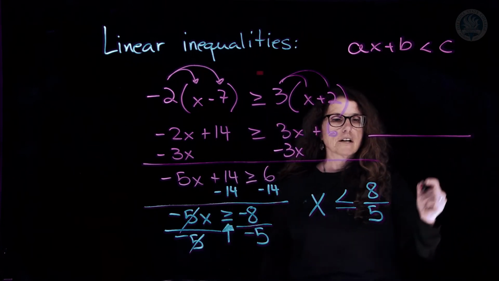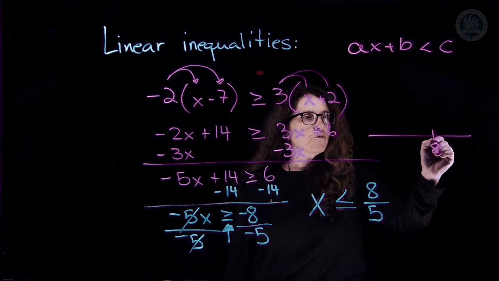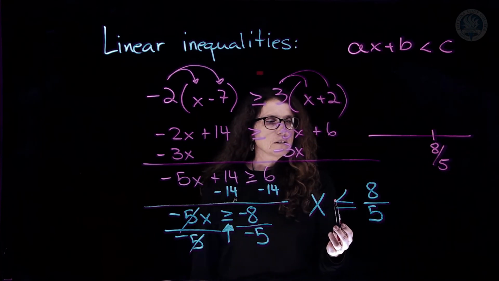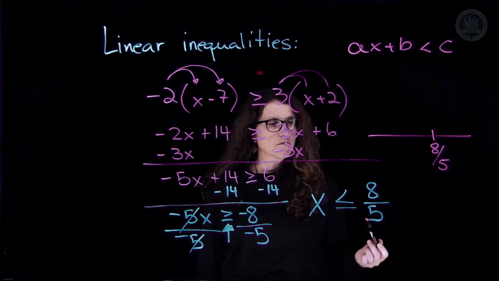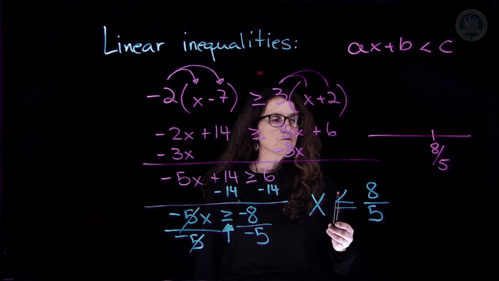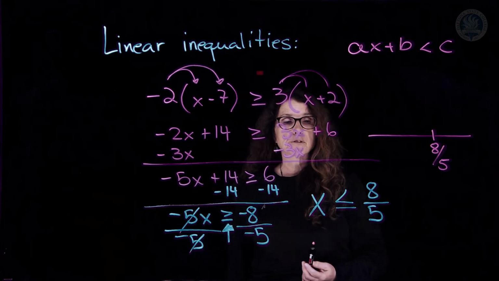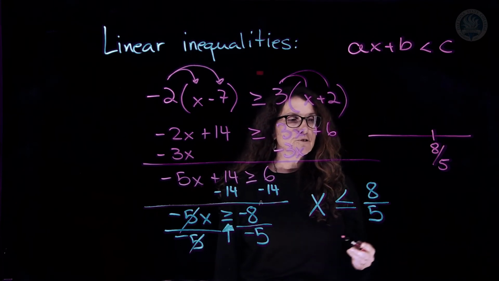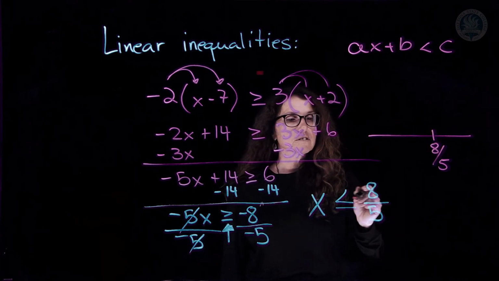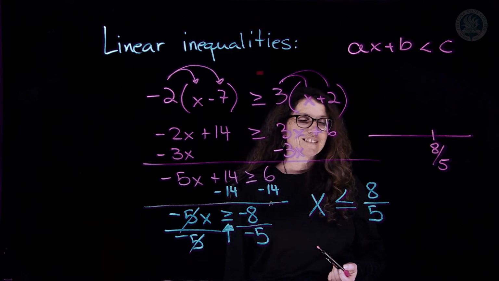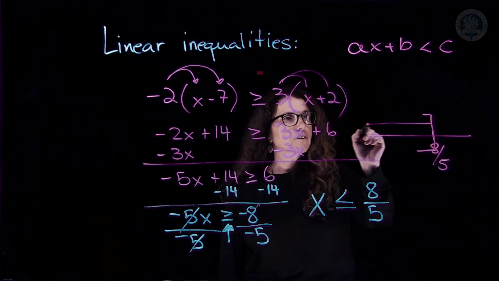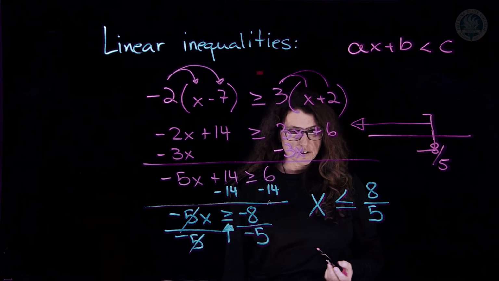Now, how do we show the solution? On a number line, let's say 8/5 is right over here. The inequality points to the left. That means our arrow has to go to the left. But before, you have to ask yourself, do you need a parenthesis or a bracket? In this case, we're using a bracket because our inequality symbol is less than or equal to, bracket going to the left, like so.